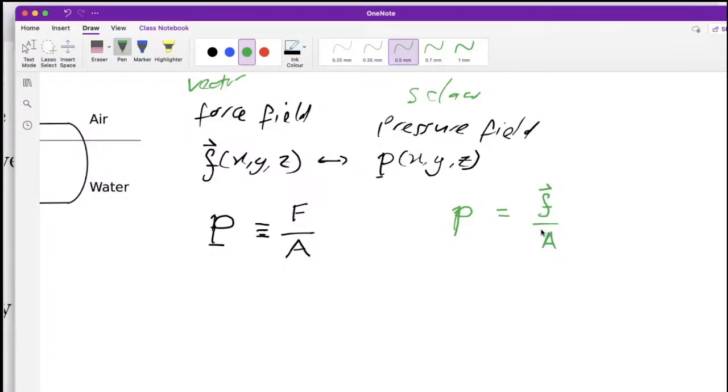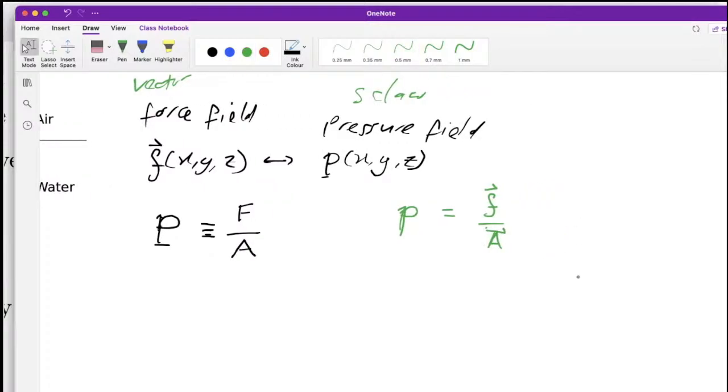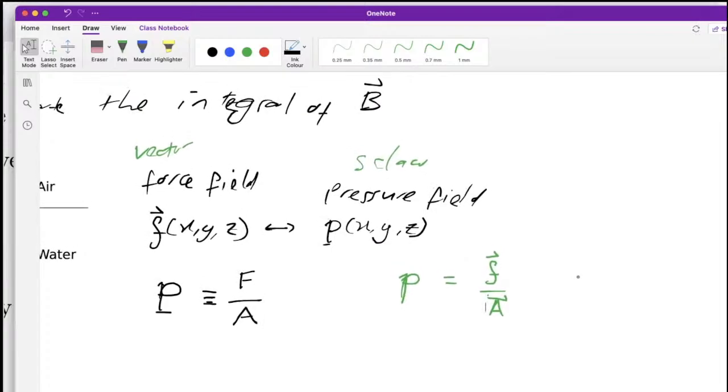So we're gonna define area as having a vector. And then this is where you see the concept of force, right? It's acting. We always define pressure being acting in the direction normal to the surface here, right? It's normal to this small area here.